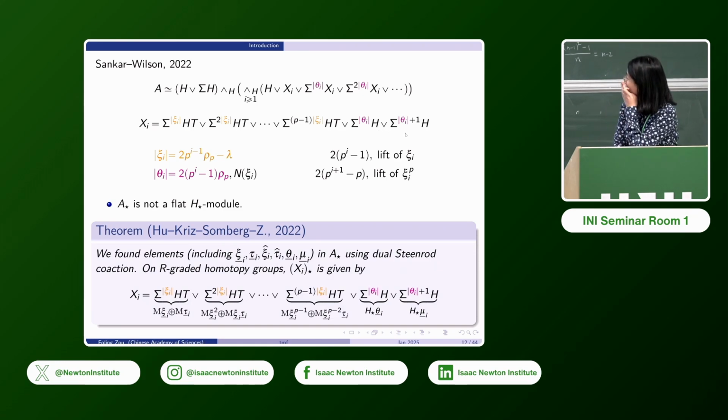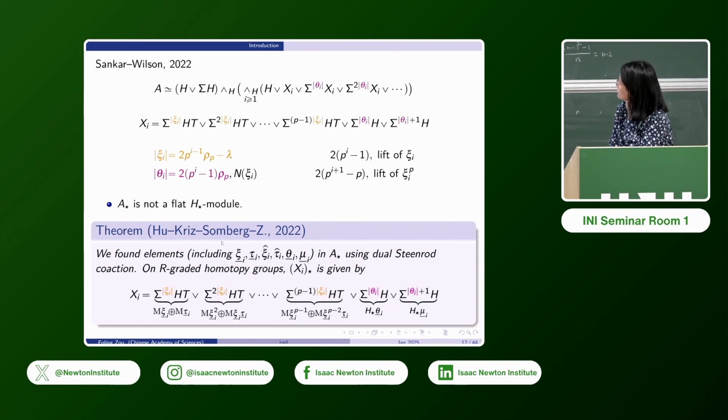The degrees for these shifts, the cos i and the theta i, are listed below. If you look at this, they study the homotopy group of HT, and you can see that A star is not a flat H star module like you always had before.